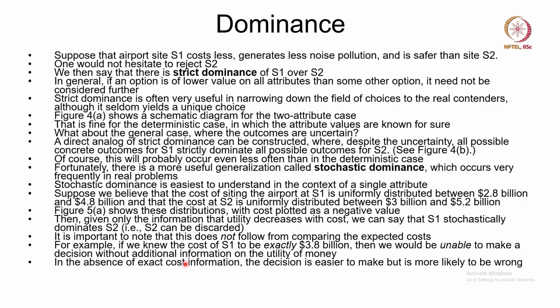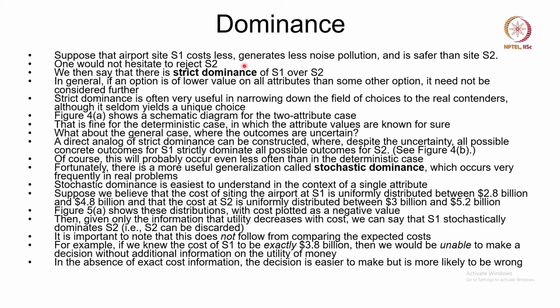So first thing, suppose we are finding an airport site. You have S1 and S2, two sites which are possible, and airport site S1 costs less, generates less noise pollution and is safer than site S2. In other words, in all the different variables that you are talking about, site S1 is better than site S2.